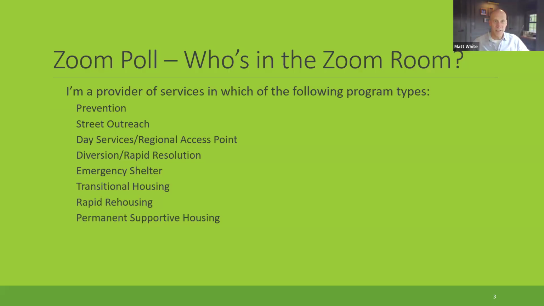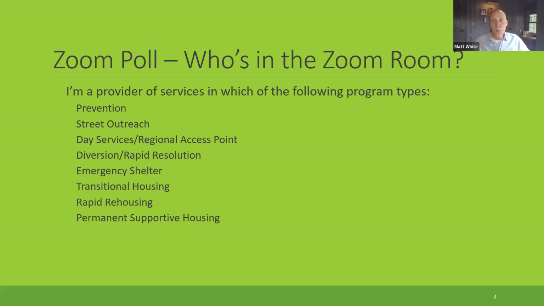We now want an opportunity for you to weigh in. And so we're particularly interested in what kinds of programs you all operate. And I think our friends at Rhode Island Housing have to initiate the poll. But the question is, I'm a provider of services in which of these project types?